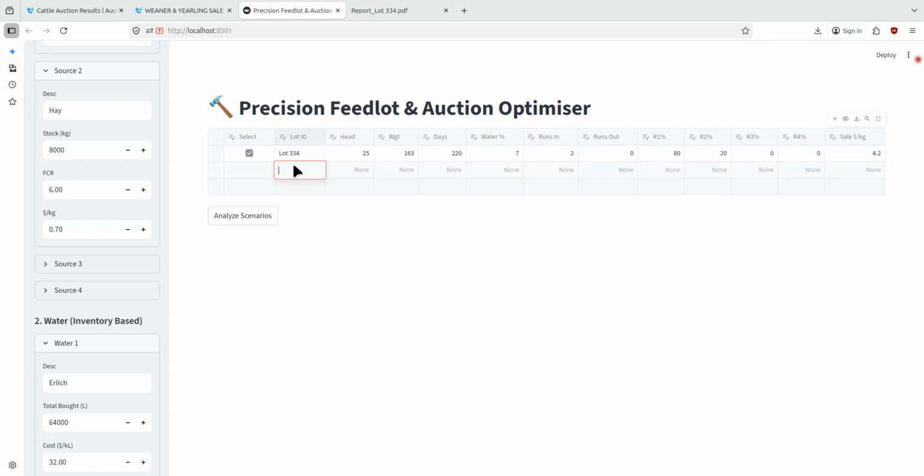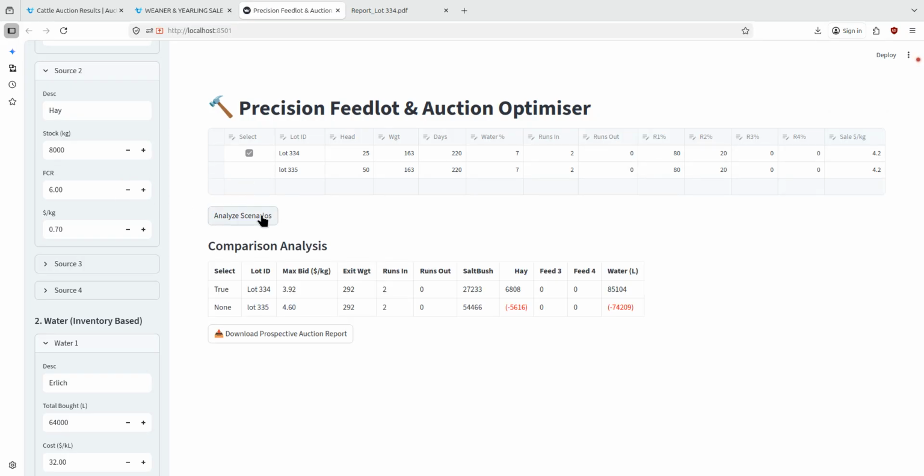So I can do another one. I can do 5. I can compare here if I was to buy, say 50 and do the same thing. 7%, 2 runs, 0 runs out, 80% scrub and pasture, 20% hay, 0, 0 and $4.20 as well.